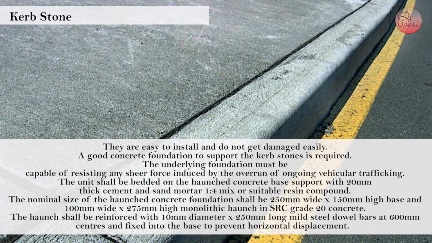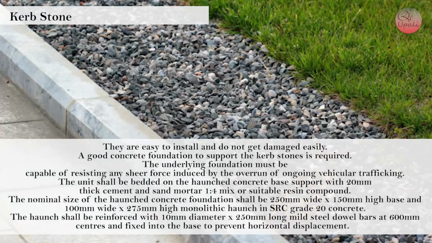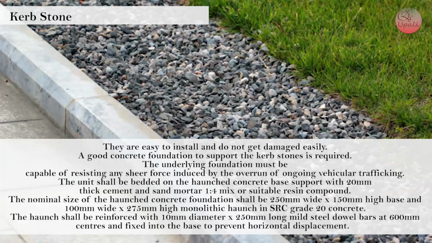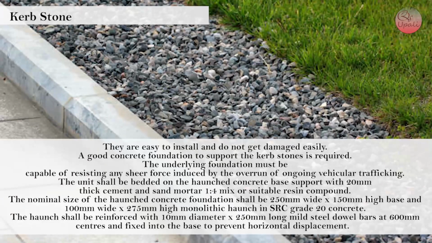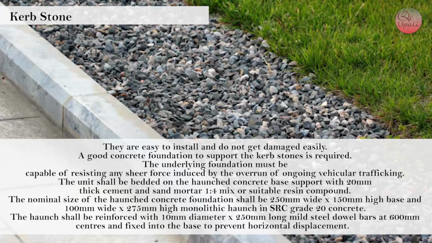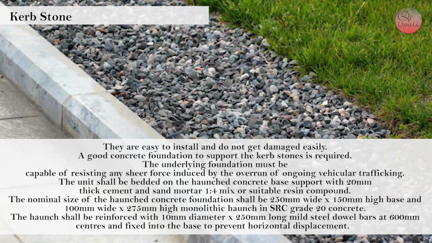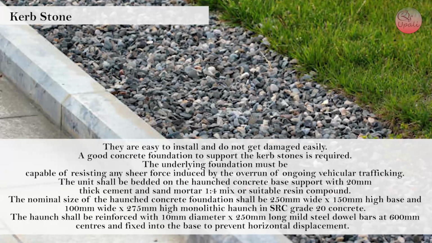The haunch shall be reinforced with 10 mm diameter by 250 mm long mild steel double bars at 600 mm centers and fixed into the base to prevent horizontal displacement.